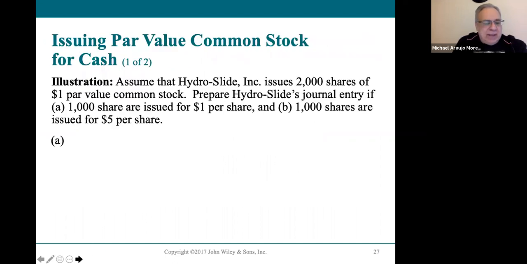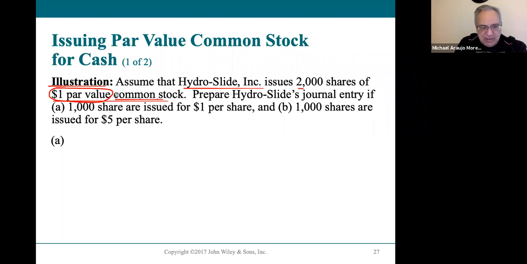and set that up. So here's the assumption. It's best just to show you an illustration. We have Hydroslide Incorporated. They issued 2,000 shares of $1 par value common stock. So the common stock has $1 par value. This is the accounting value of the common stock on the balance sheet.